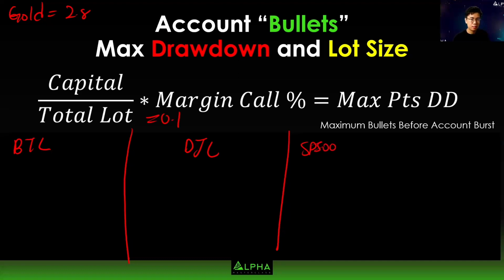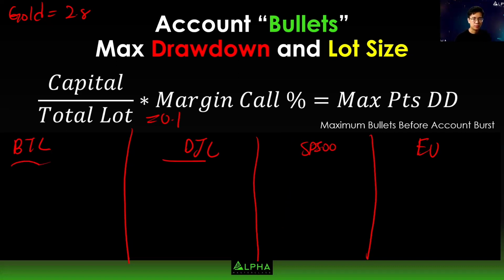SP500 and EU. Okay, finished. Based on this, we all know this formula is the same. Capital remains 1000. Margin call percent 80%. Max point to draw down, that is the difference.